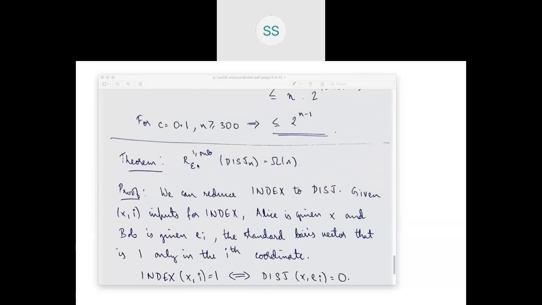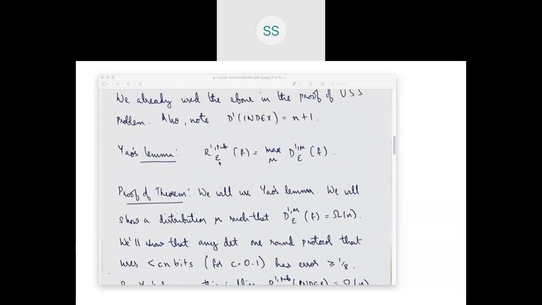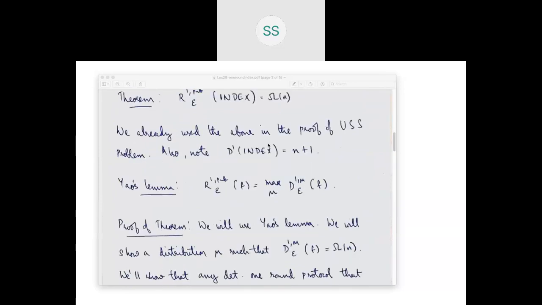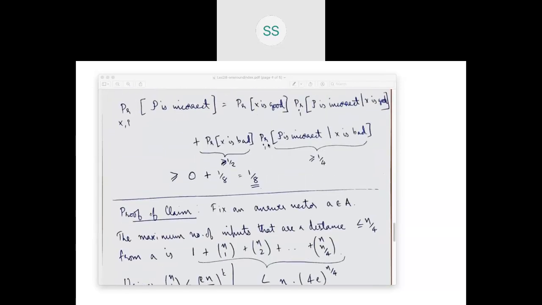Now that we have shown the one round randomized lower bound of index is linear, the disjointness lower bound follows easily.